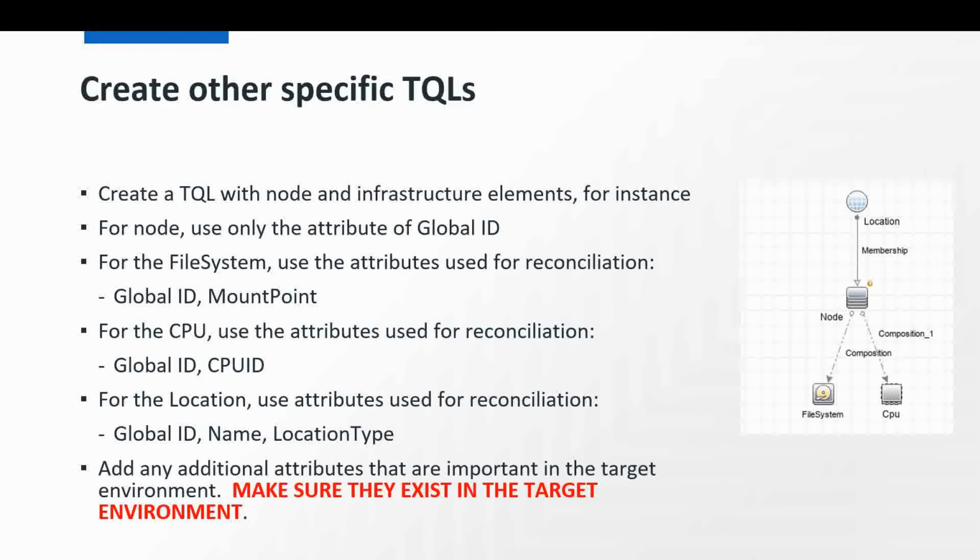And again, you're going to restrict the CI types to all of those that use the node reconciliation rule that were pushed previously. For the CPU, you need all of the attributes used for reconciliation, and the same goes for location and file system. Again, if there are any additional attributes that you have added to your environment, make sure they exist in the target.